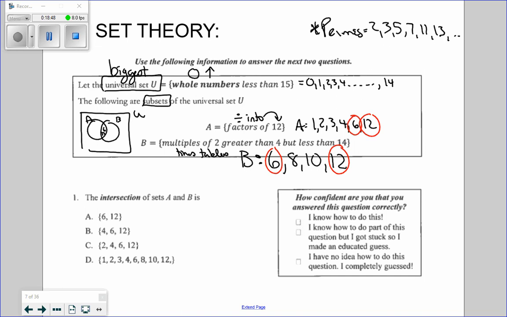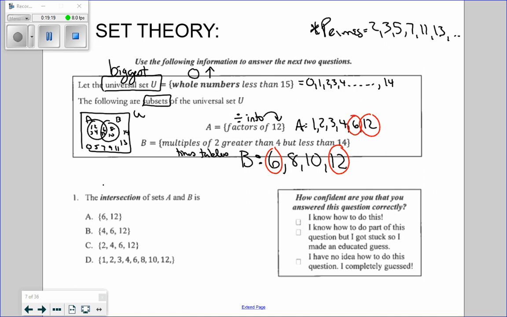And then A would be 1, 2, 3, 4. And B would be the 8, 10. And then here I'd have 0, 5, 7, 9, 11, 13, 14. Now, I don't even know if I need a Venn diagram for this question, but the Venn diagram for most of you made it make way more sense. Okay.